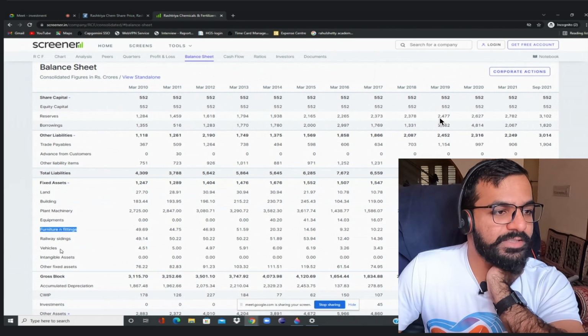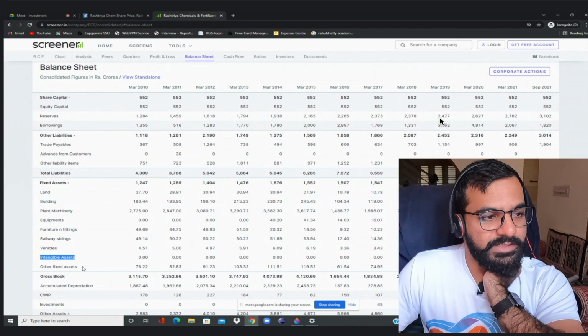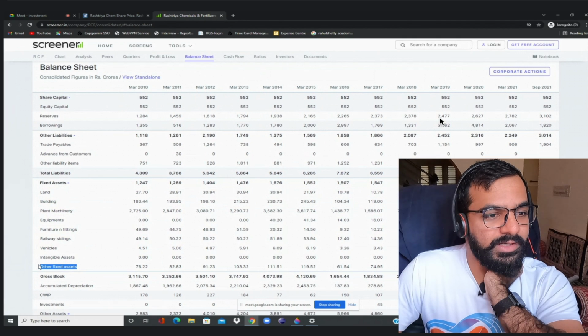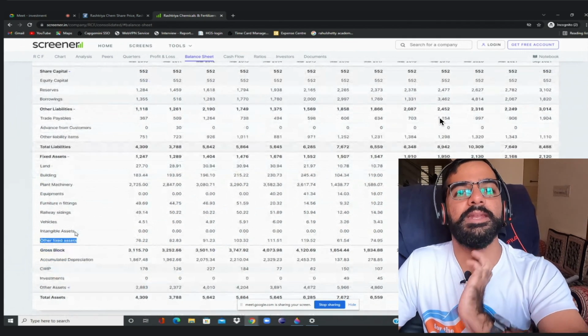We'll go to the intangible assets. Vehicles also come under tangible assets. All these are tangible assets. We'll come to intangible, and then we'll go to other fixed assets to understand what they are, and then we'll know more about how we can calculate a company.